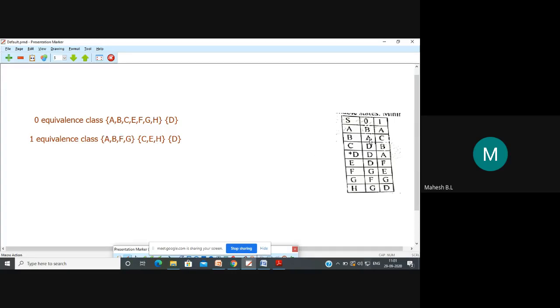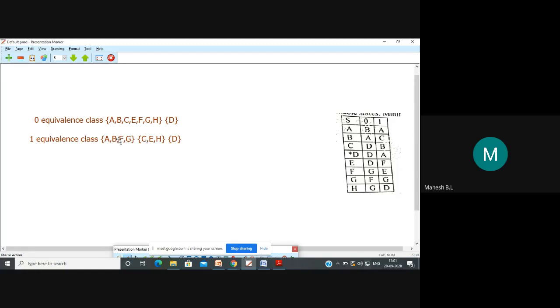Now B goes to A, C; one is in this class, one is in another class. F goes to G, E, which is similar to B. Comparing B and F: B goes to A, C, and F goes to G, E; A is here, C is here, G is here, E is here.